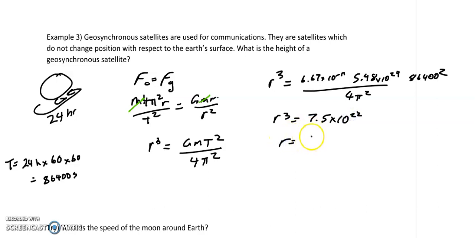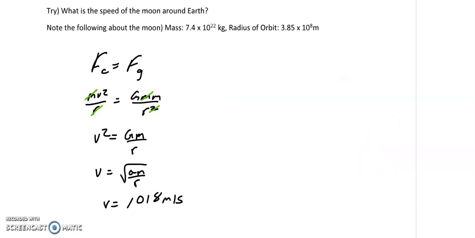Cube rooting that, r is 4.225 times 10 to the 7 meters. But we want to know the height of it, so we got to subtract the radius of the Earth in order to get the final answer of 3.95 times 10 to the 7 meters. Give the last one a try, and you should have found 1,008.